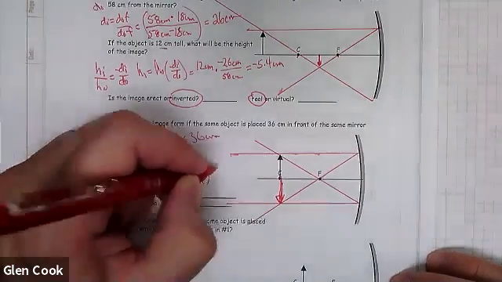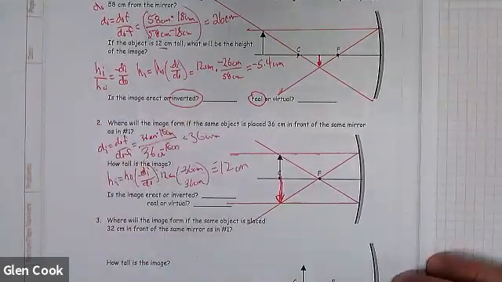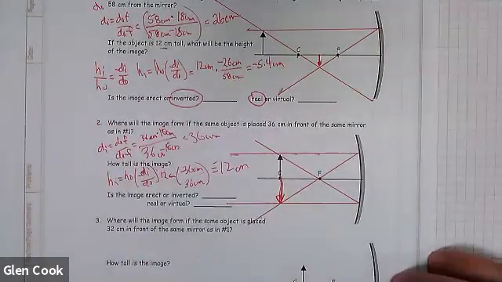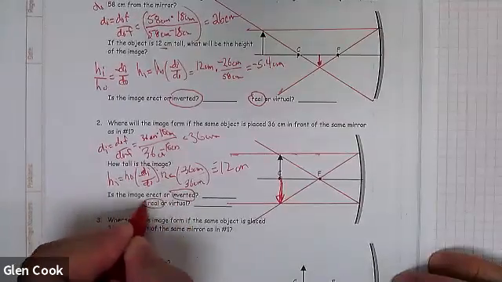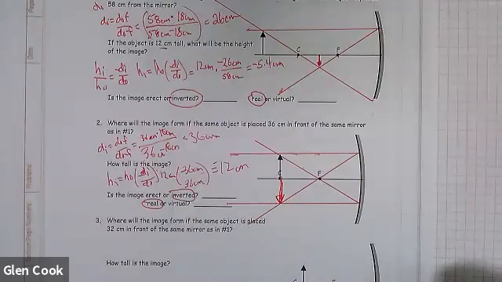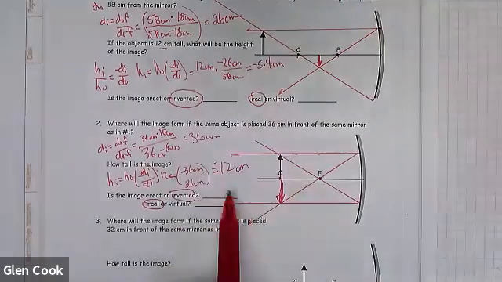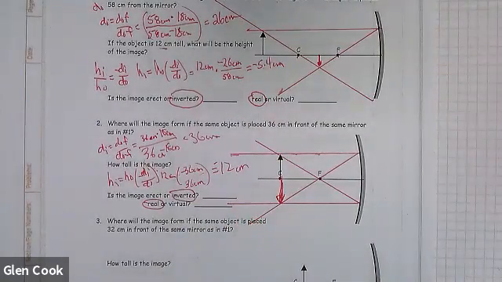So this is negative 1, so it's negative 12 centimeters. It's the same size. It's upside down. So it is inverted and it is real. Its height is negative 12. Up here, its height was negative 5.4. It's below the axis where it's formed. So that makes it negative.